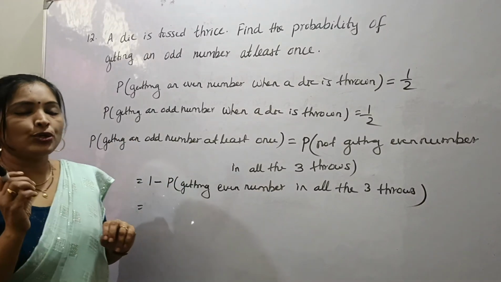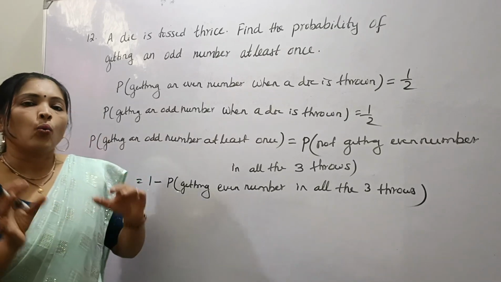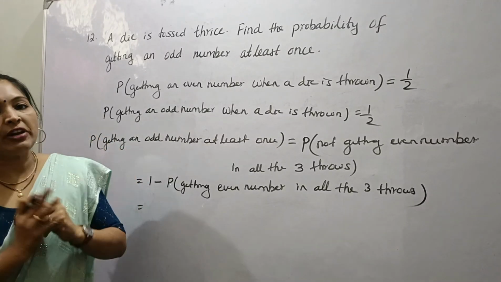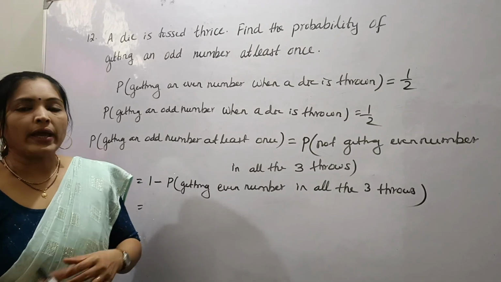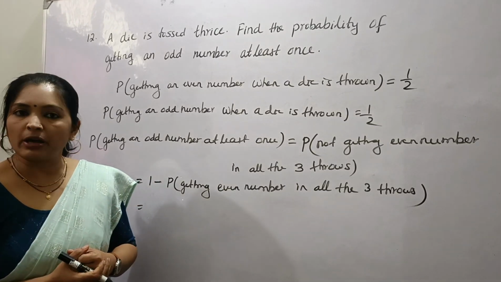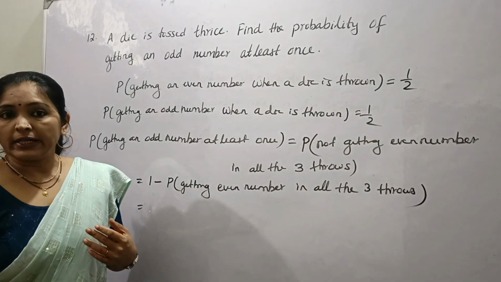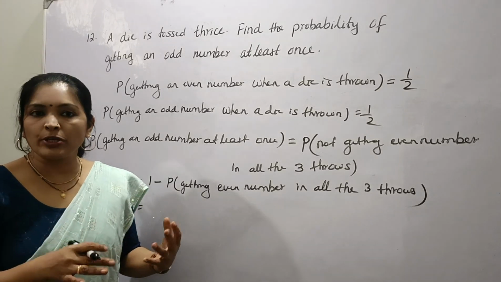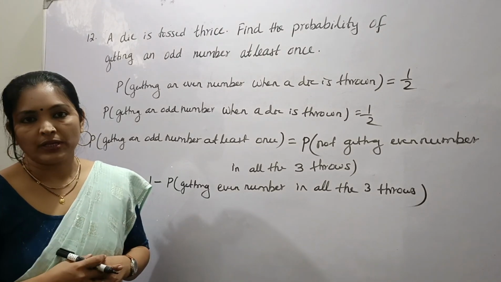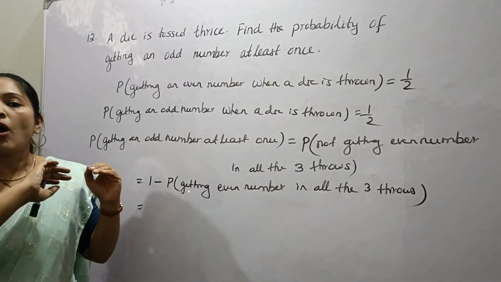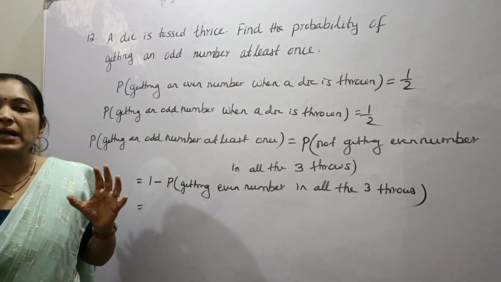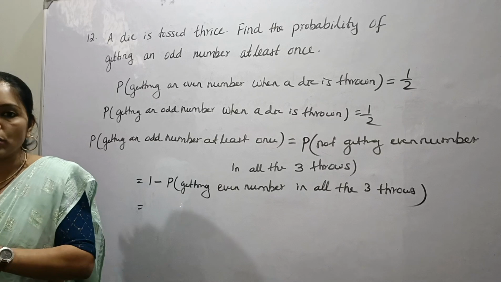First you throw a die, then what is the probability of getting an even number? 1 by 2. Next time you throw the die, what is the probability of getting an even number? 1 by 2. Third time you throw the die, what is the probability of getting an even number? 1 by 2. Right? Therefore, probability of getting an even number in all the 3 throws is nothing but 1 by 2 into 1 by 2 into 1 by 2.